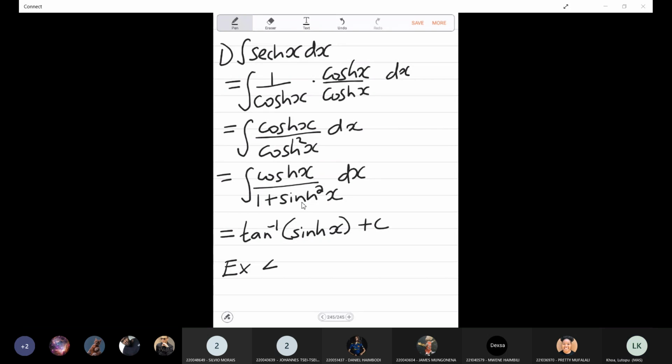Yeah, I'm a bit confused. At your last step, isn't it when you're supposed to say the derivative of the denominator is 2 cos hx? No. This is in the form, let me see.